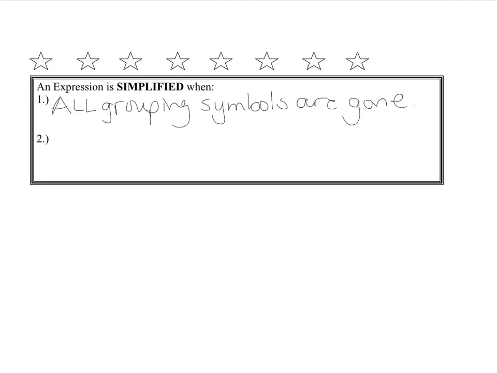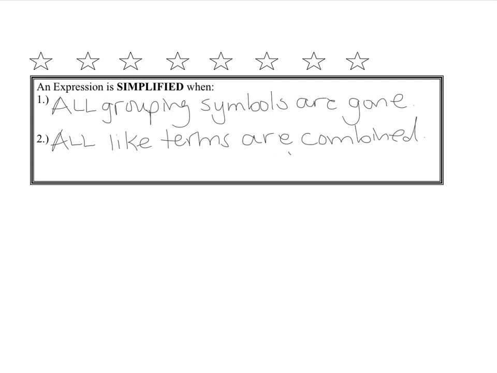And that's why I taught you the distributive property, because when you distribute, the parentheses go away. So that's an important thing to recognize. And then the next thing to know is that all like terms are combined, which is what we learned yesterday. Combining like terms.